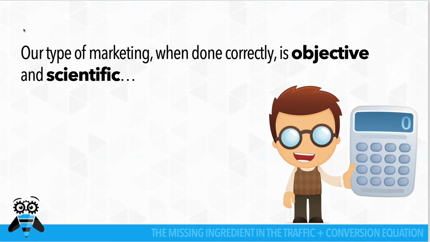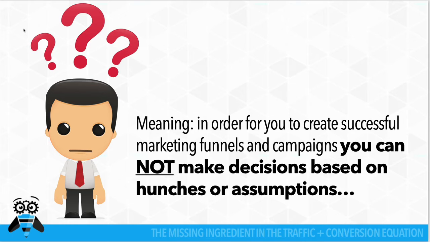What's the missing ingredient? Well, it's having objective and scientific numbers, meaning in order to create successful marketing campaigns, you can't make decisions based on hunches, assumptions. So now I'm educating about the difference between the pros, who use objective data, and the average, who use subjective assumptions, guesses, feelings, opinions.